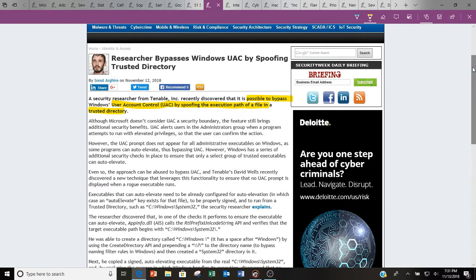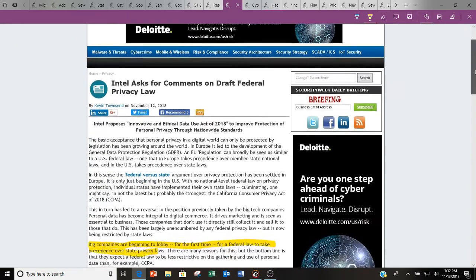It's having user account control and disabling regedit, disabling PowerShell, disabling writing to certain directories. It's the whole cumulative effect of many controls that is likely going to save you from an advanced persistent threat rather than an individual control.